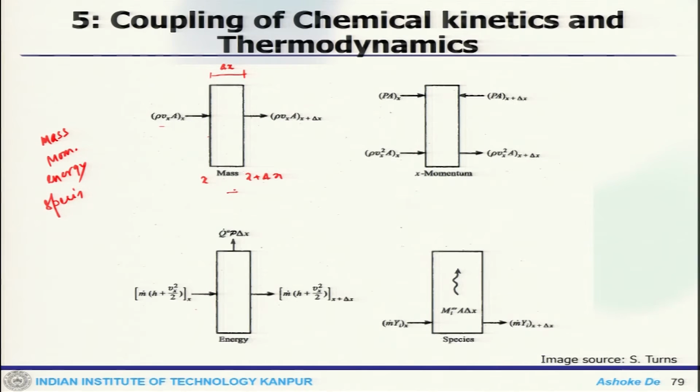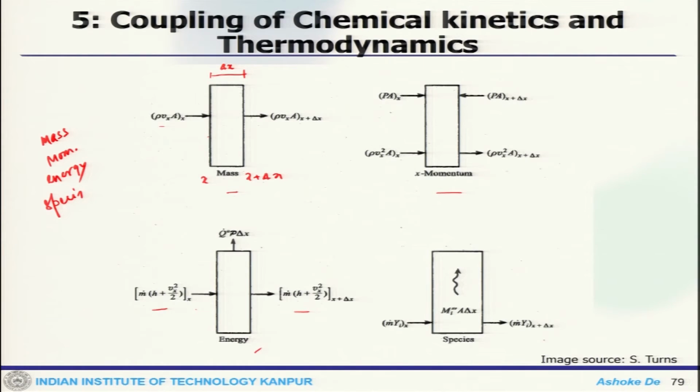This is the small element that we have taken: mass conservation, then momentum conservation, where we only look at the x momentum, and energy, where the energy flux comes in and goes out, along with the species mass transfer.